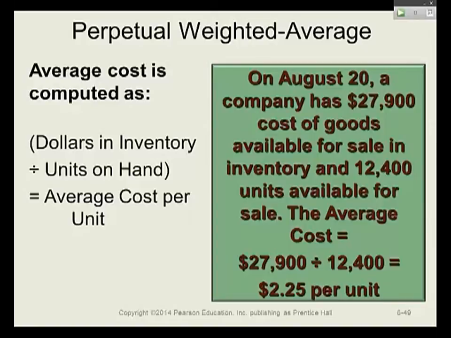So, for example, we'll get back to our base example. If on August 20th you have a total cost of $27,900, and that's the total cost of goods available for sale, and the units in inventory are 124, the average cost is $225. That average cost is going to be used for your cost of goods sold. So if you sold one unit, it would be cost of goods sold at $225.